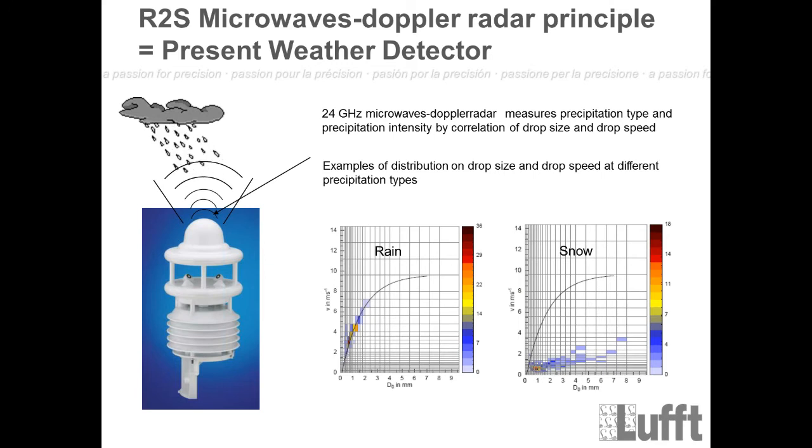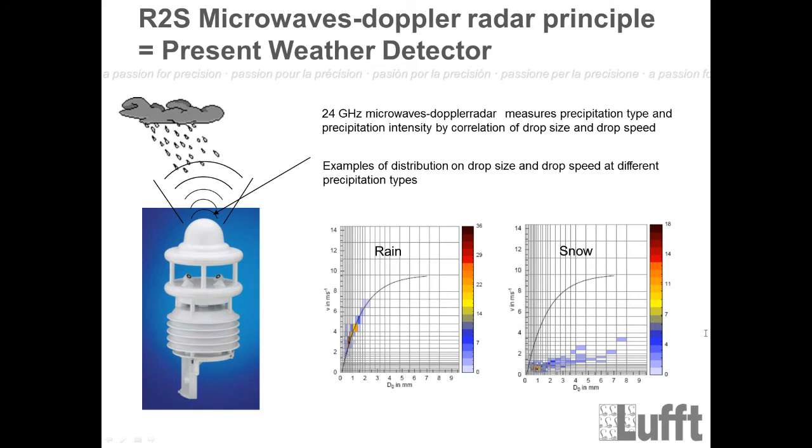If you check the first diagram here, which is called rain, you will see that the normal velocity of the raindrop which comes down to Earth is normally lying in the middle around 4 meters per second. That's the threshold where the sensor knows, okay, if there is precipitation which comes down with 4 meters per second, it must be rain, and so you will get the information it's raining.